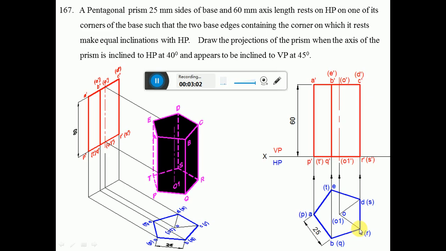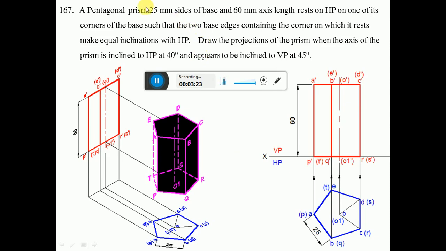Then with R as center, using the protractor, measure an angle of 108 degrees with respect to the point R, and draw an inclined line. Similarly at the point S, again measure an angle of 108 degrees, which is the included angle, and draw a line.